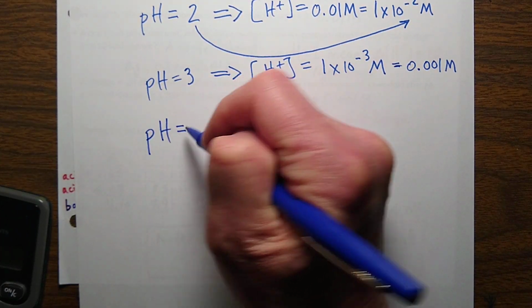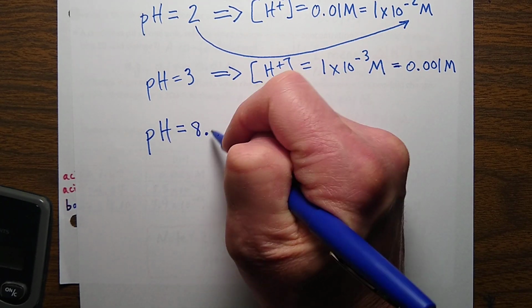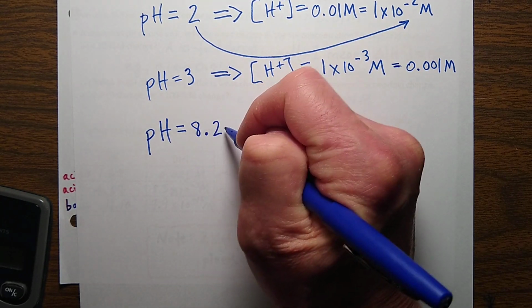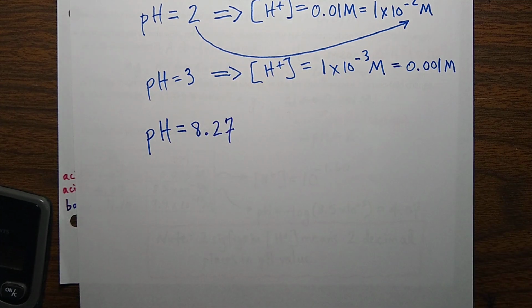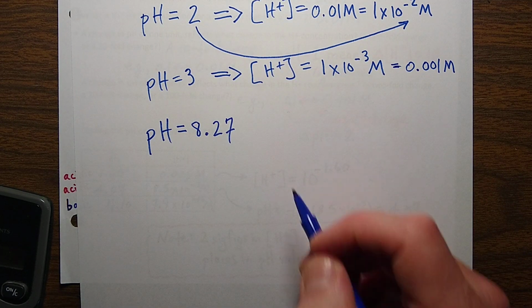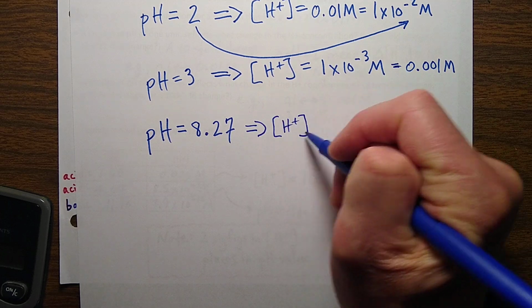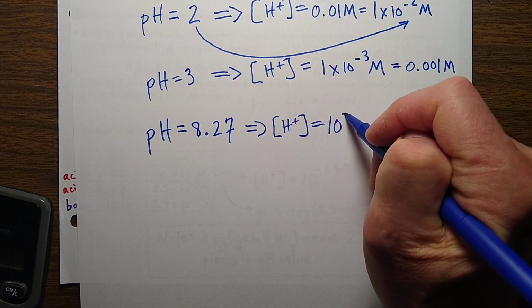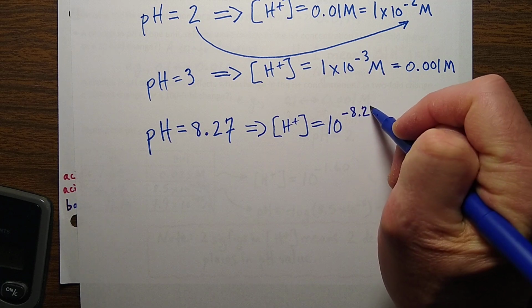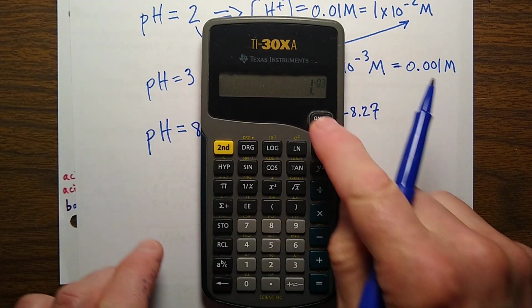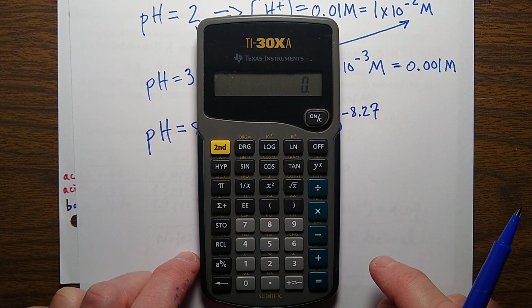What if you get some odd value? Let's just say it's a pH of 8.27, some random number like that. What is the concentration of H plus? Again, that's equal to 10 to the -8.27 power. So I'll enter that in. Let me go back to regular mode.